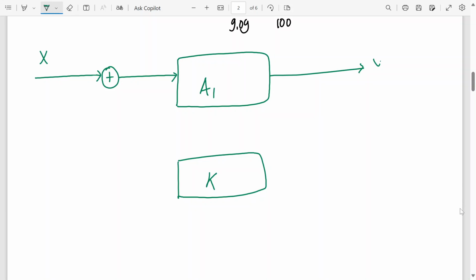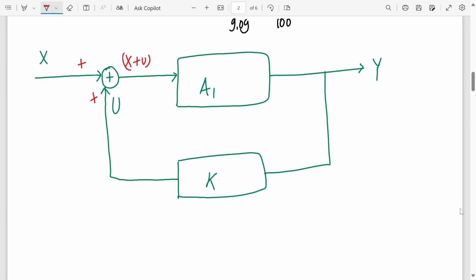Now some part of this output is connected to the feedback network, and the feedback network output goes to the input. So this signal is called U. Agree? So what we are saying is, when this input signal and feedback signal are both additive, that means here x plus u is coming. During that time we say it's a positive feedback.